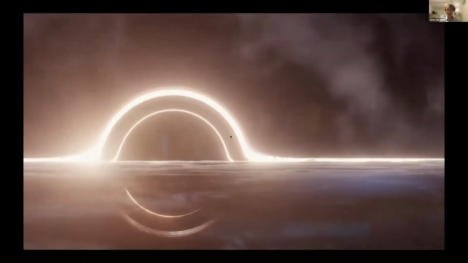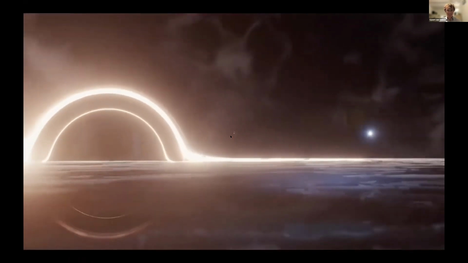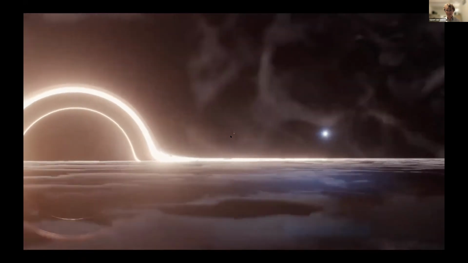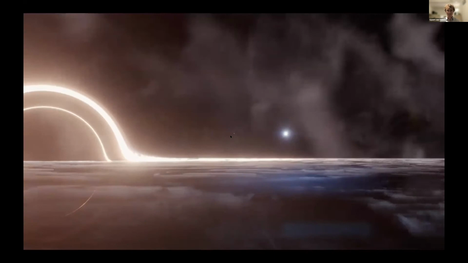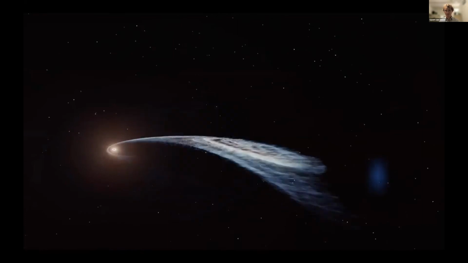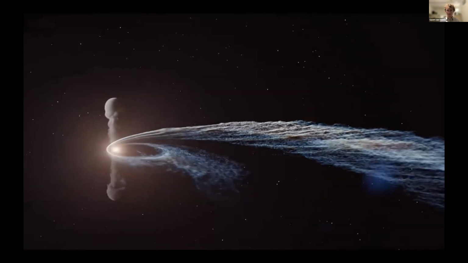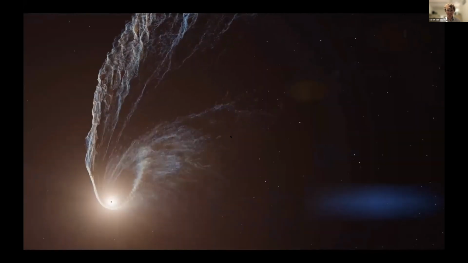You're looking at a black hole with some accretion disk. And then there's a star coming in the distance. Star is approaching. Getting stretched towards the black hole. Now it's disrupted. Immediately we get beautiful outflows.